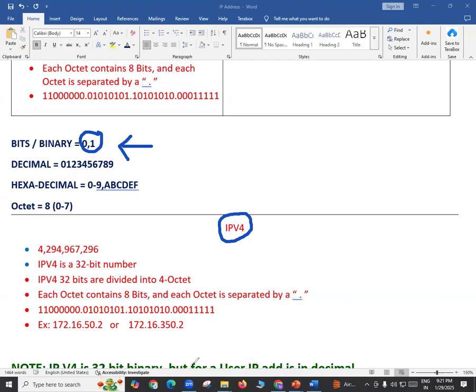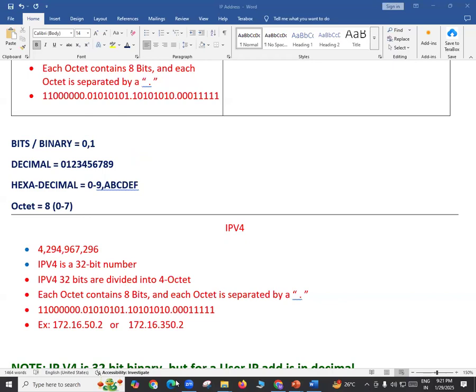We can see IPv, this is in English alphabets, and 4 is a numeric number. But for a machine, IPv4 is in binary. You can see here there is something written, "divided". Divided is obviously in English, but for a machine, divided is in binary. So the machine language is a binary language.